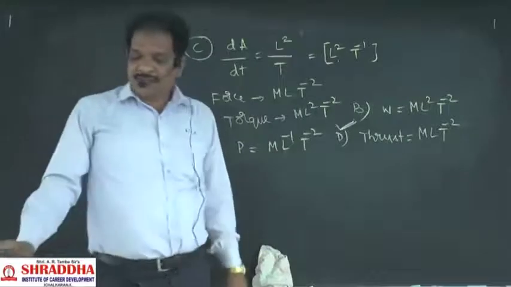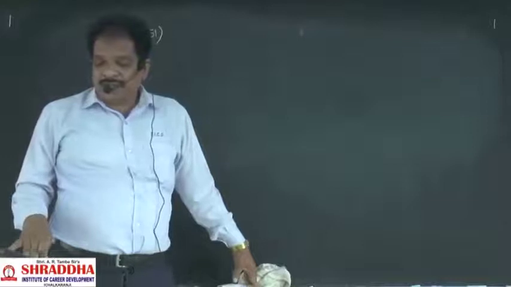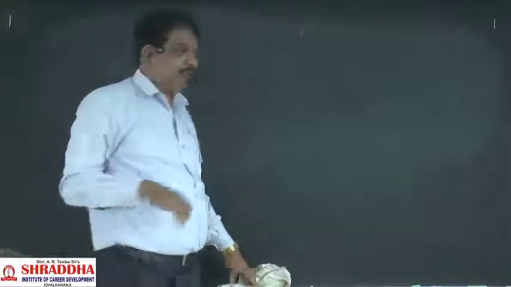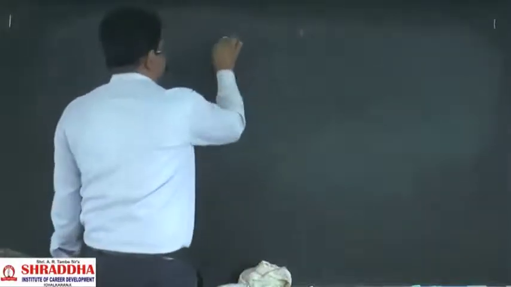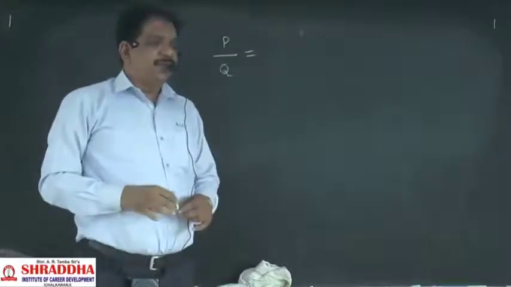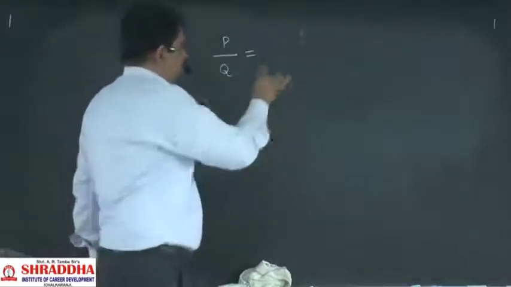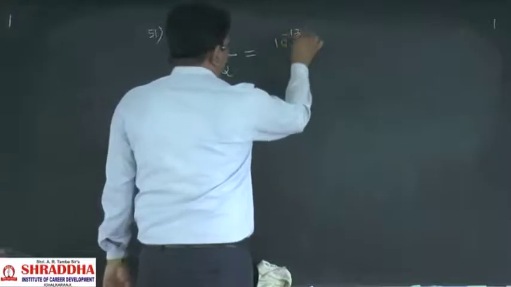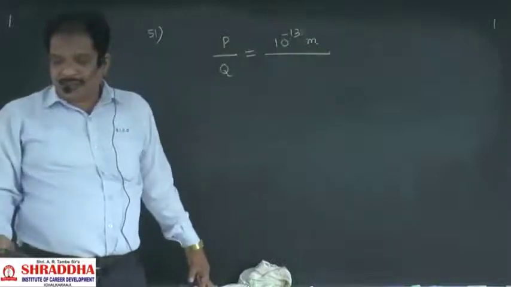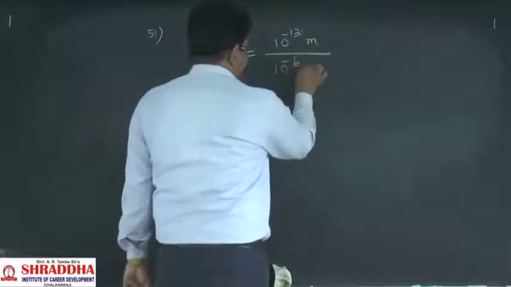Clear? Next, 51. P is the X-ray unit, Q is the micron. How much is P by Q? 1 X-ray unit means 10 power minus 13 meter. 1 micron means 10 power minus 6 meters.